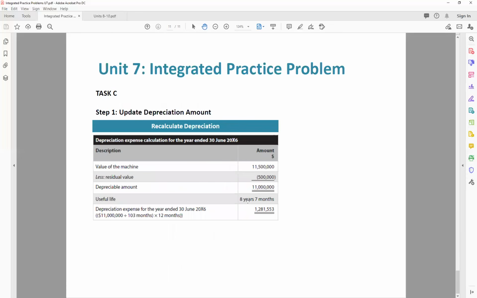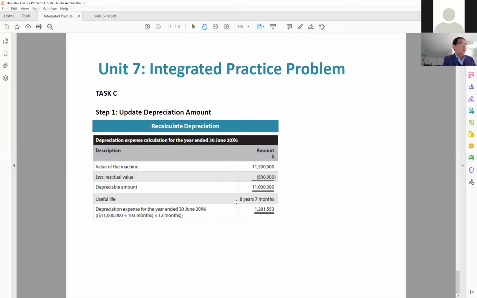And then going into task C, which is simply to say that now we are in 30 June X6, what should be our new depreciation amount? And so we are told that because we revalued the asset up in the prior year, we need to start off with this value of machine, which is 11.5 million. We then reduce the residual value, which is 500,000, and we're left with this depreciable amount, which is 11 million.